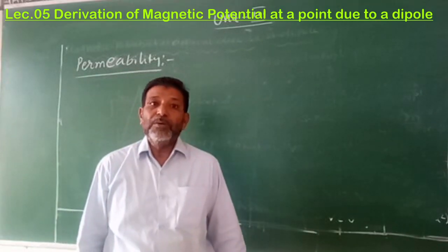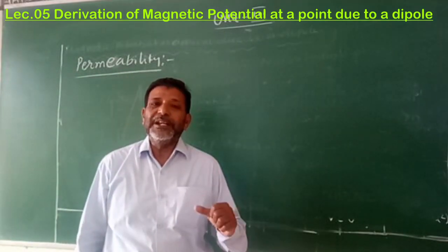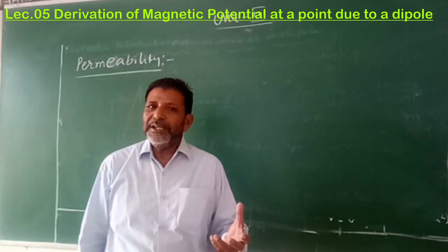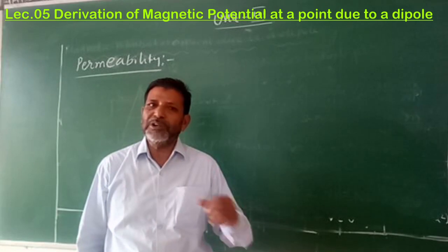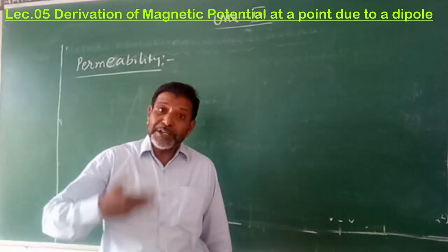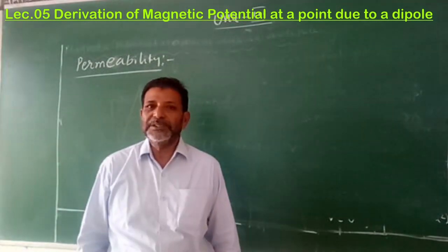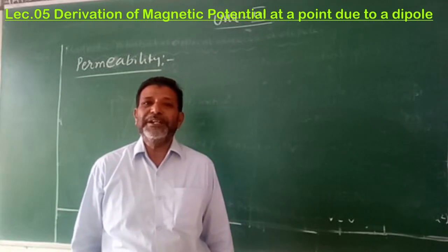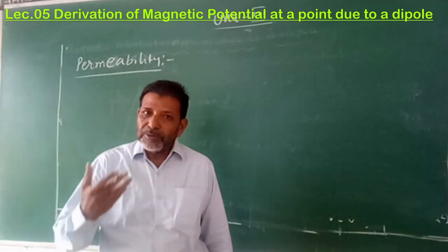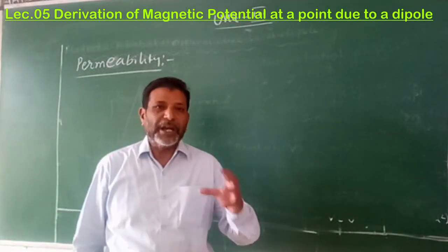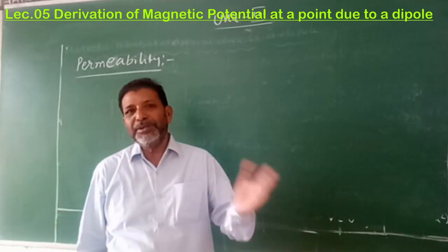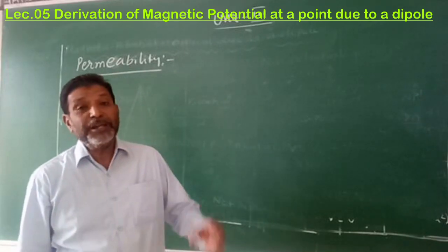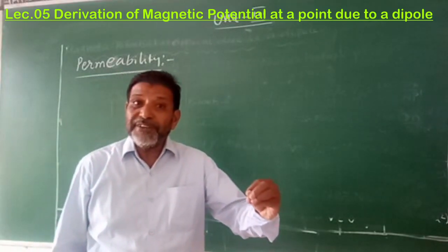Now, that ferromagnetic material is initially not a magnet, but it can be converted into a magnet by placing it in a magnetic field.